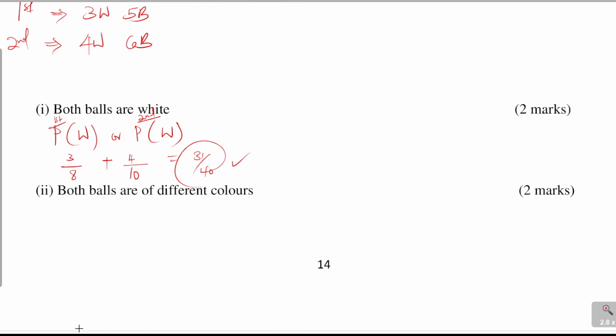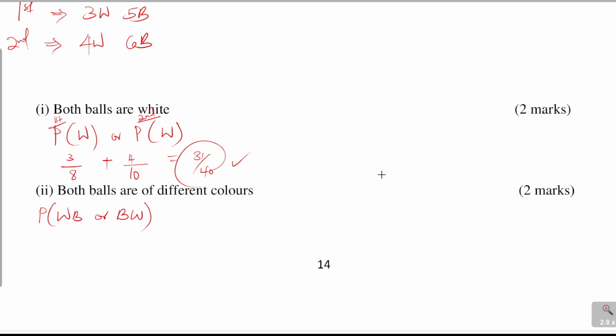Part 2, both balls are of different colors. So this one means you can either pick, from the first, a white, which means the probability of a white from the first bag and then a blue from the second bag, or the probability of picking a blue from the first bag and then a white from the second bag.